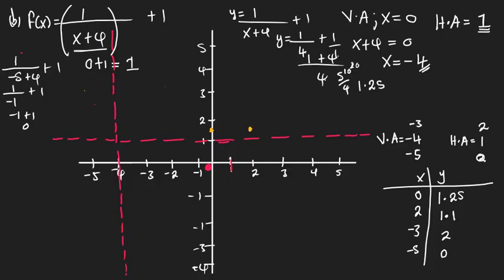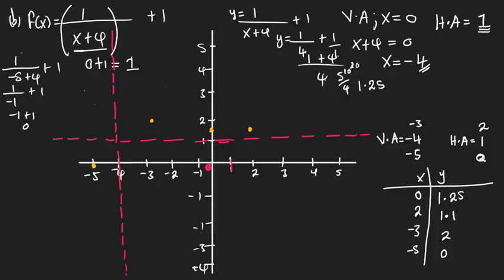So already that gives you the image where your graph is going to be for that one. Then -3, 2 is somewhere here. Then -5, 0 is somewhere here.